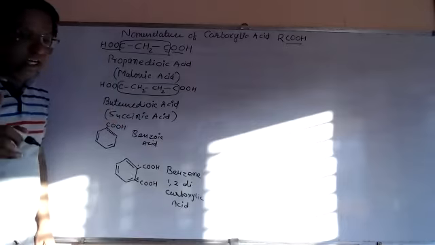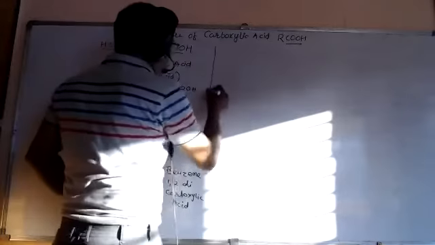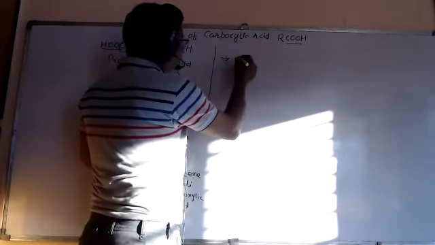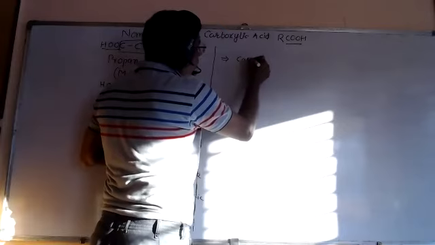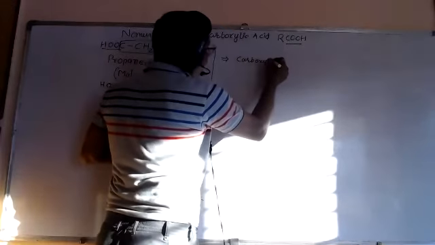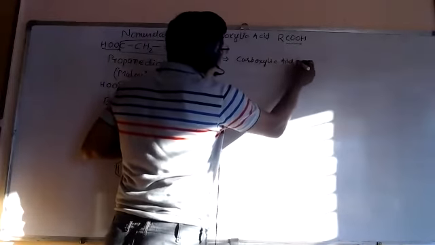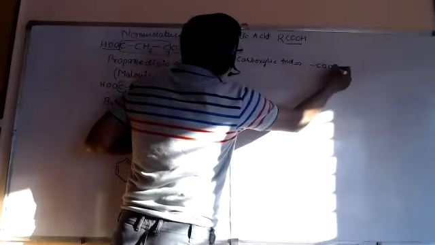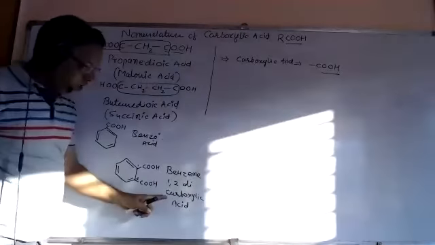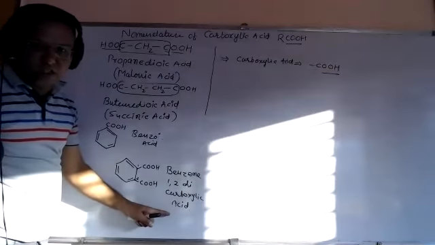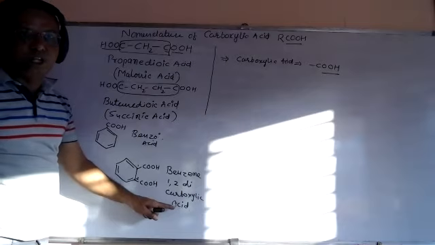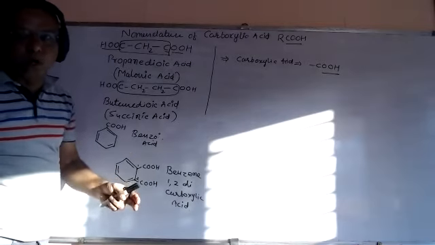Friends, I am giving you one most important thing for the carboxylic acid word. Carboxylic acid is used for COOH. Here you can see carboxylic acid is written. Dicarboxylic acid means 2 times COOH.